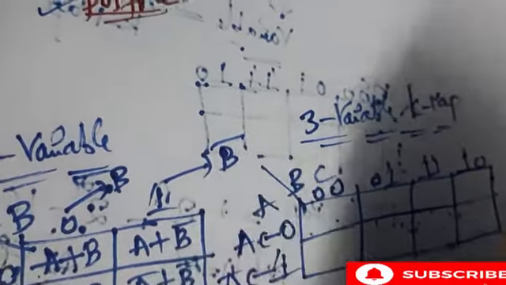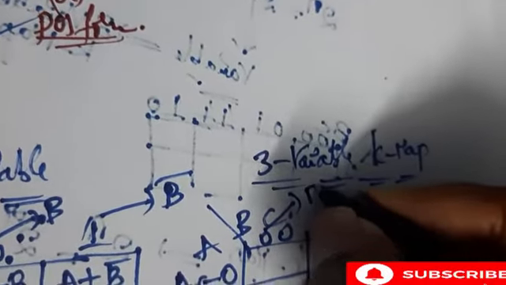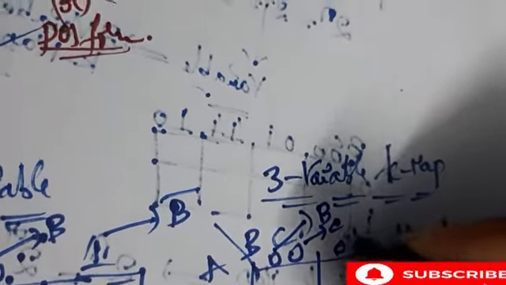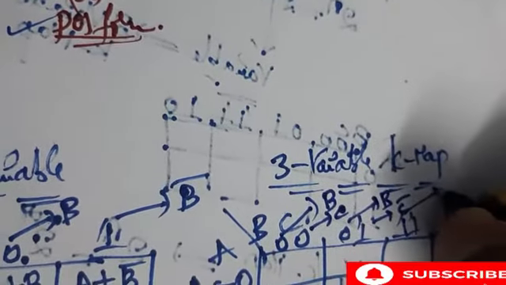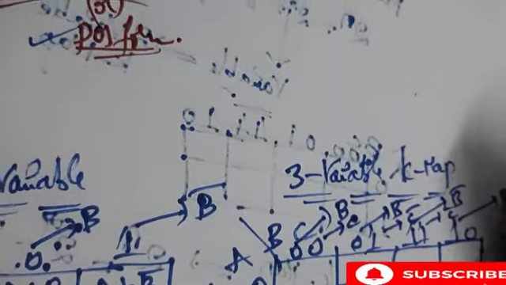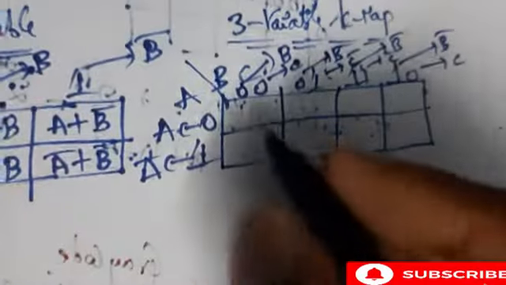Let's see. 0 will become the A, 1 will become the A bar. Here 0 will become the B, 0 will become the C. B, C bar. Here B bar, C bar. Here B bar, C.